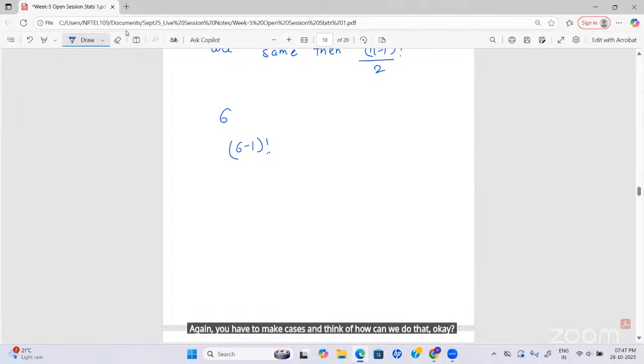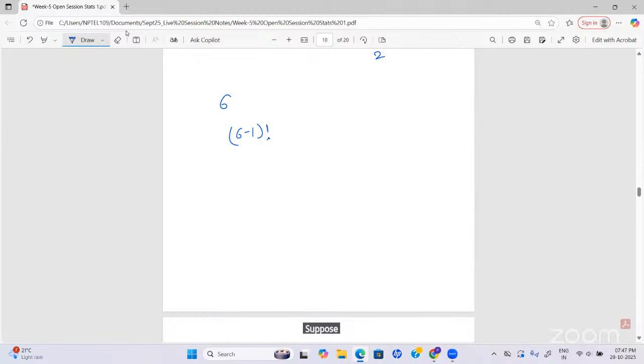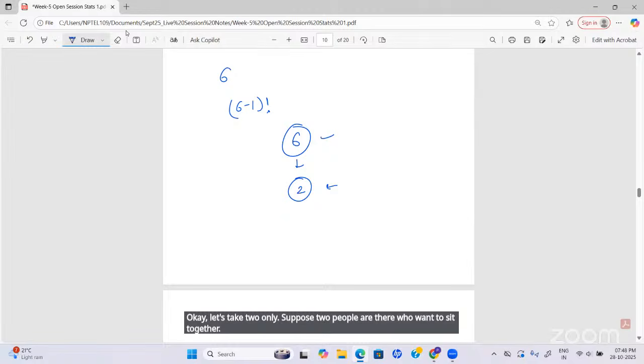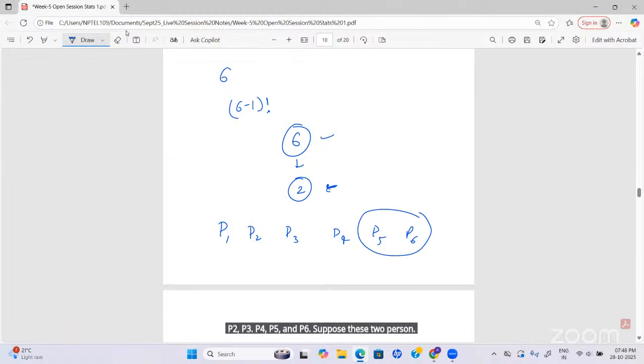I will take a simple question first. Suppose you have 6 people or items, whatever you want to say. Suppose 2 people want to sit together. Suppose I write like this: P1, P2, P3, P4, P5, and P6, and these 2 persons want to always sit together.